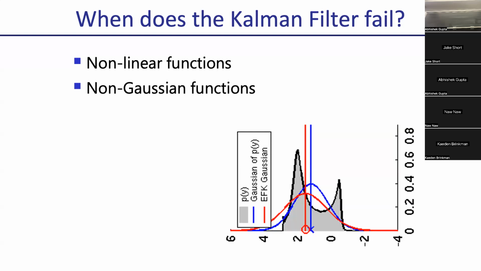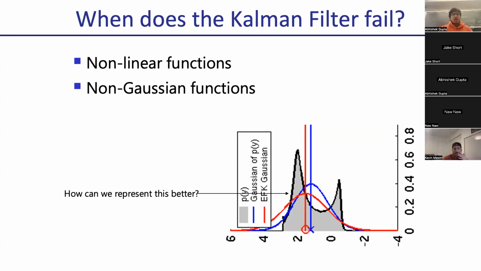Those are not linear. So the dependence on previous state and previous action is not linear, and the functions are not Gaussian. All of the stuff we discussed in the Kalman filter doesn't really work because you're not linear and you're not Gaussian. So what do we do? We're kind of screwed.